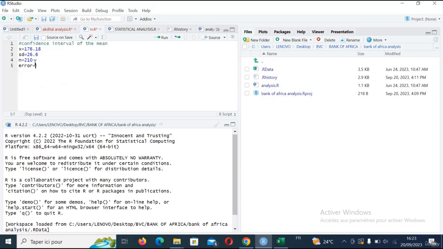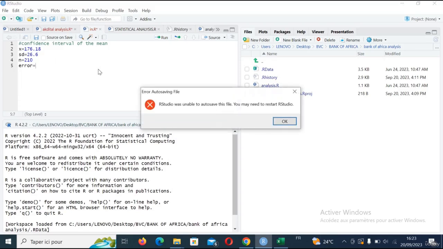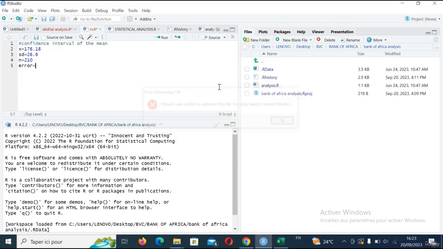The error is, sorry, it's qnorm. This is how we call the normal law distribution. It's qnorm of 1 minus alpha divided by 2.